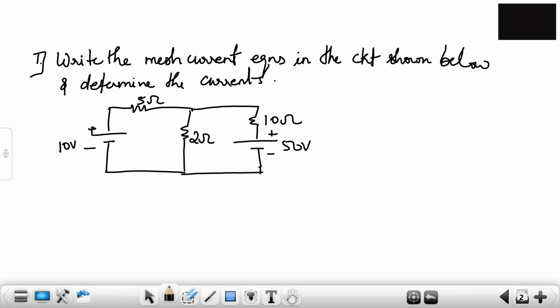Now in finding the mesh current equations, what we need to do is redraw the circuit diagram with mesh currents in it.